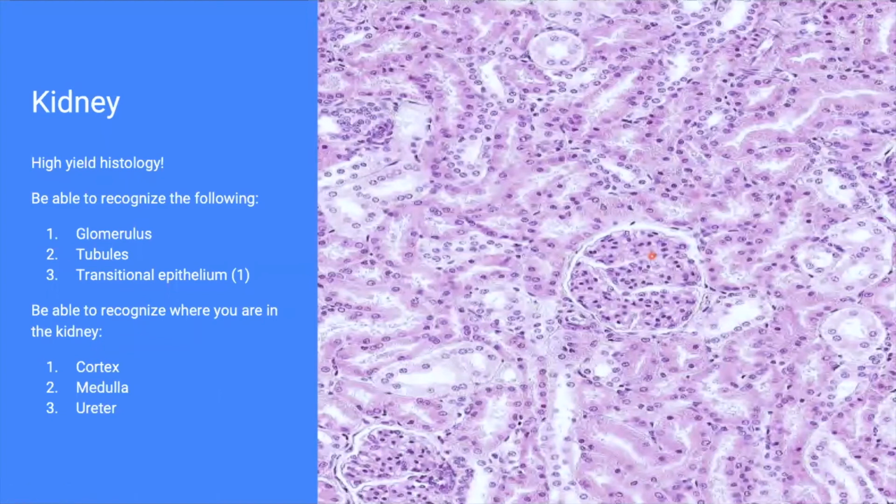You don't see those in the kidney medulla at all. All you're going to see on histology of the kidney medulla is tubules, and specifically collecting ducts and some loops of Henle. But collecting ducts, loops of Henle, that's all you're going to see in the medulla. If you see a glomerulus, you know you're looking at a cortical biopsy of a kidney.